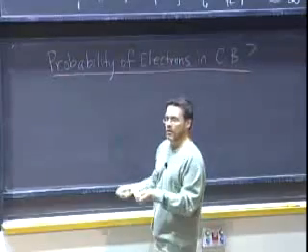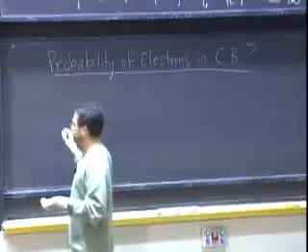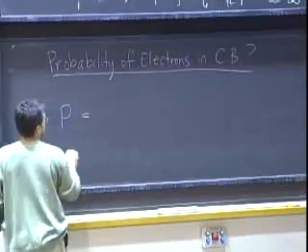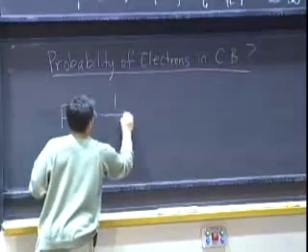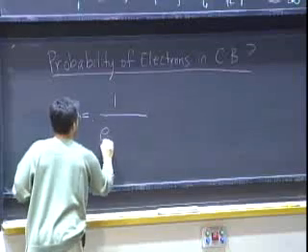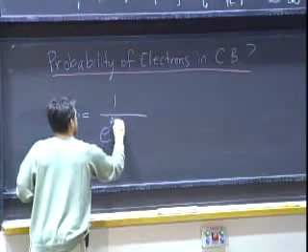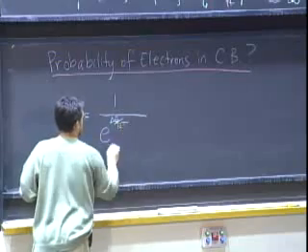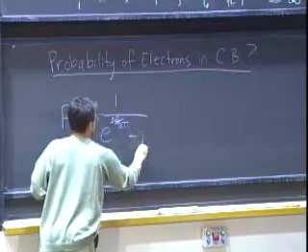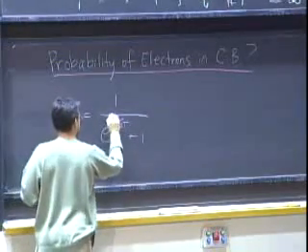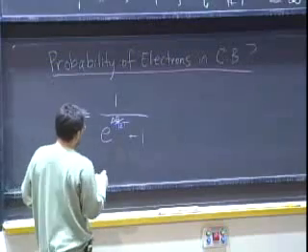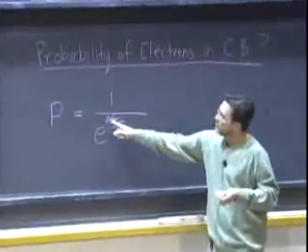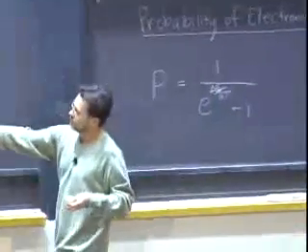And using a Boltzmann distribution, we can write that probability as being related to 1 over e to the delta E over RT plus 1. And with an expression like this, delta E here corresponds to our gap.